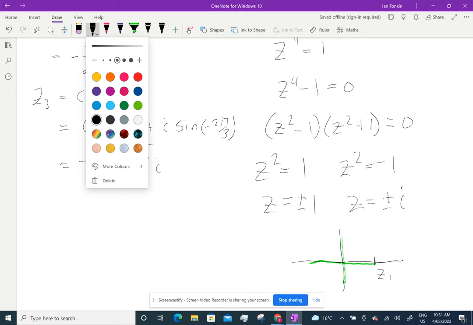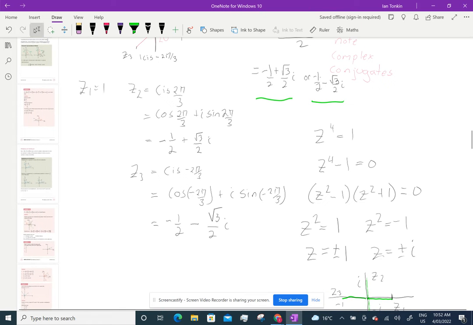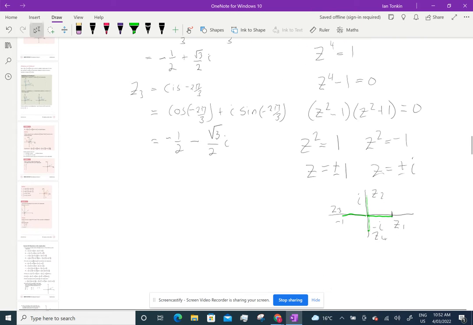So I get z₂, z₃, z₄, and they've all got the same modulus, so I'm going to get i, -1, and -i. The benefit of being able to see that roots are equally spaced is you can pull out the other roots, however many there are, straight away.